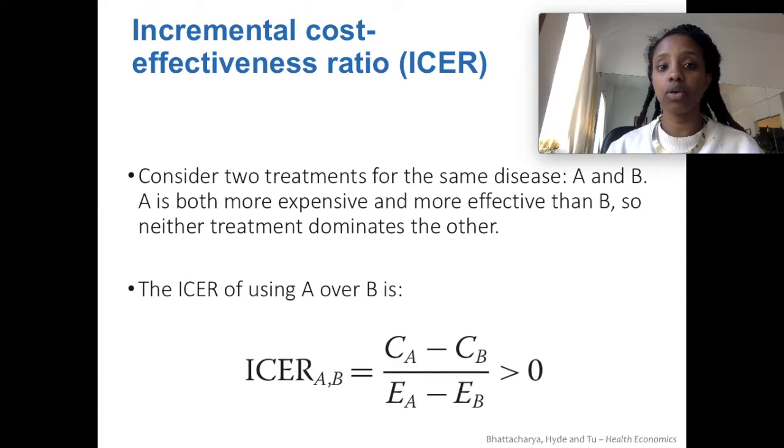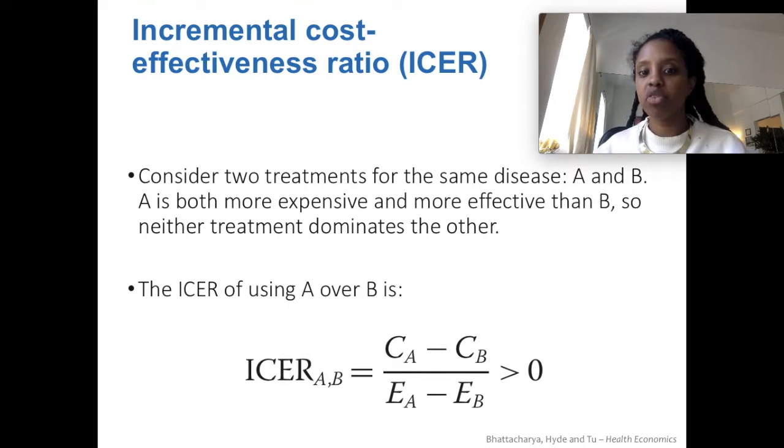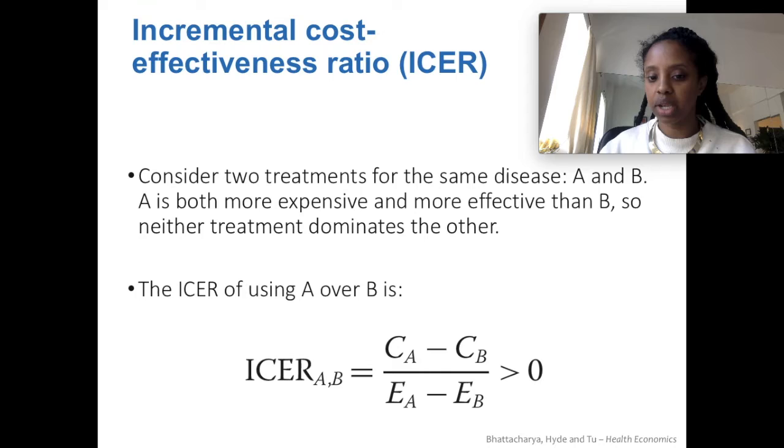worth it. So the way you implement it in practice is the incremental cost effectiveness ratio, or ICER. It's actually pretty widely used by a lot of health departments, definitely the National Health Service in the UK, when the government is deciding what their public coverage is going to pay for. But the way it works, let's say there's two treatments for a particular disease, A and B. One of them is more expensive and more effective than B. And so neither treatment is wholly dominated.